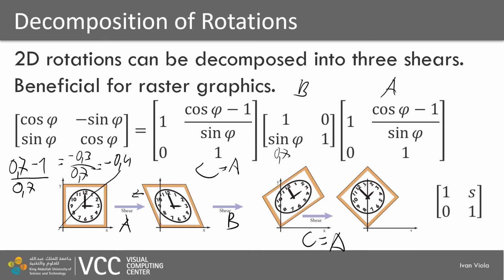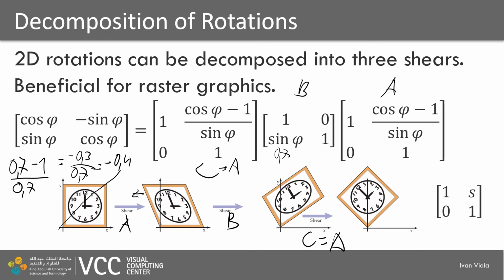What can this be good for? This can be good for raster graphics, actually, because making a rotation with sort of pixelated input with already discrete samples can lead to various types of problems.